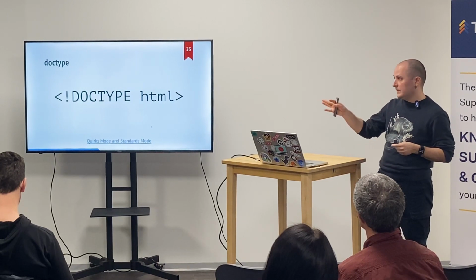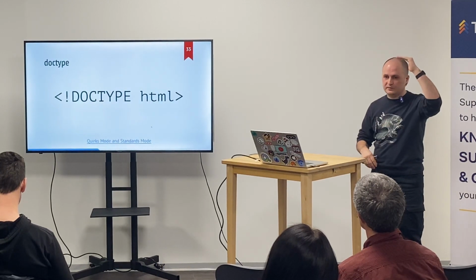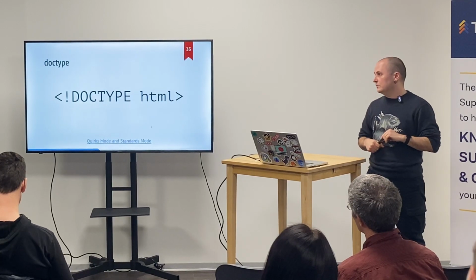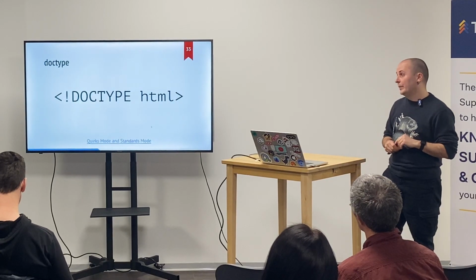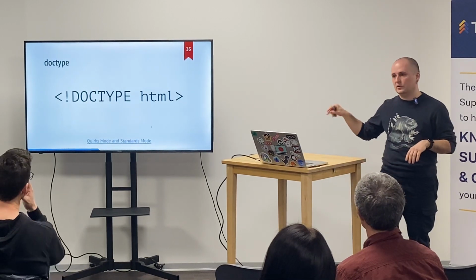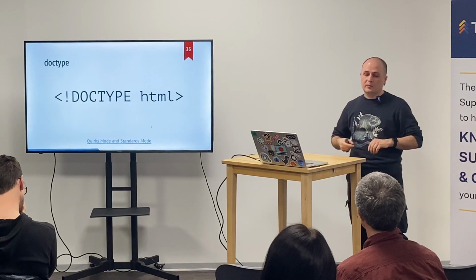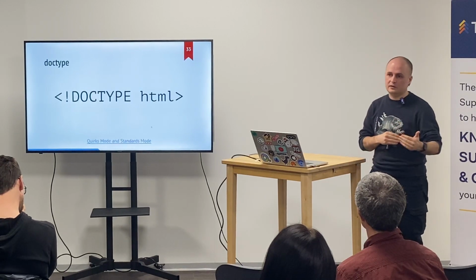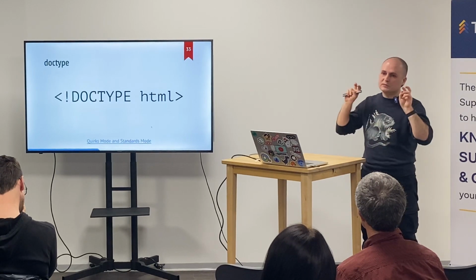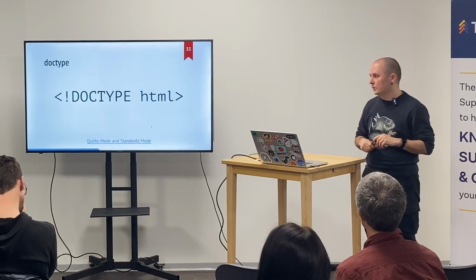So, for example, doctype HTML, starting from the very top of your document. Not sure if you're aware, but if you're not putting this doctype HTML in your code, if your web page is not starting with it, the browser is going to behave in a different way, because there is a quirks mode we used to have in old browsers.